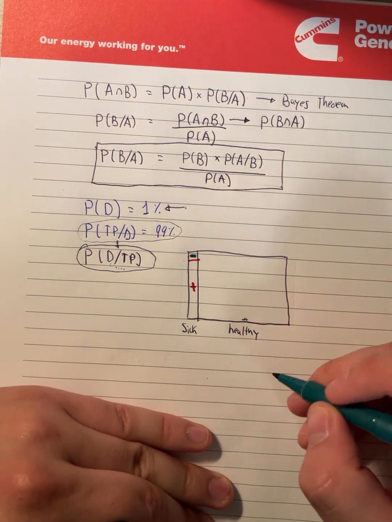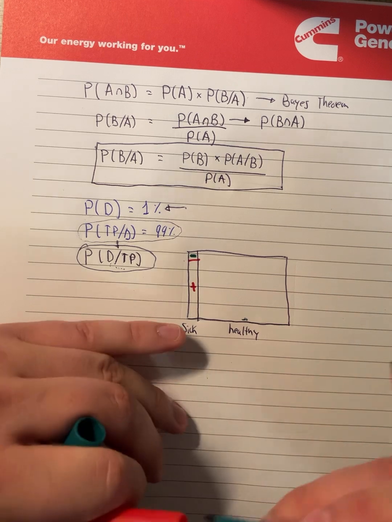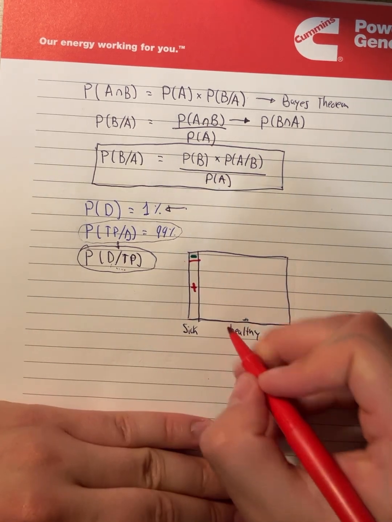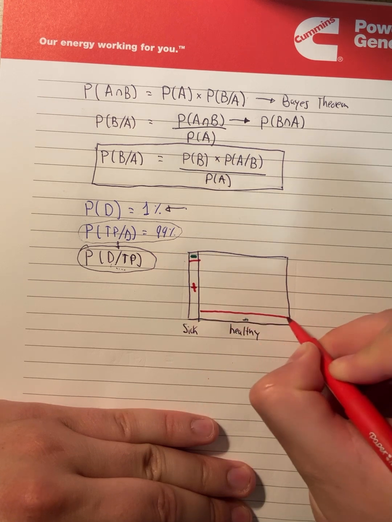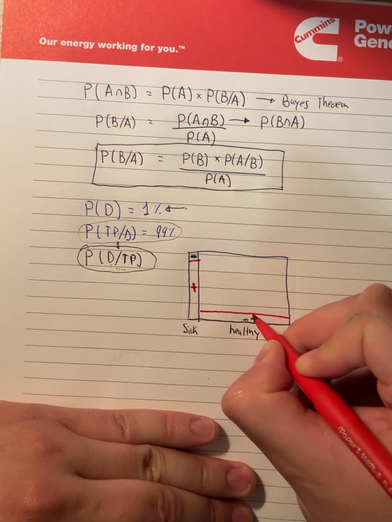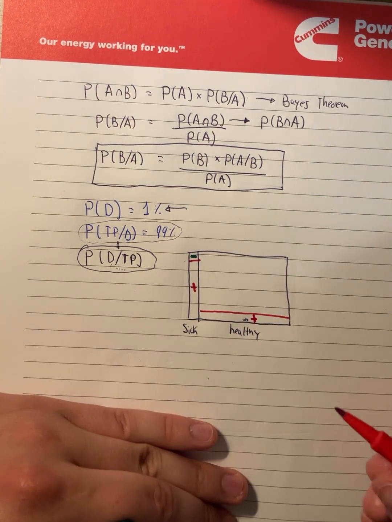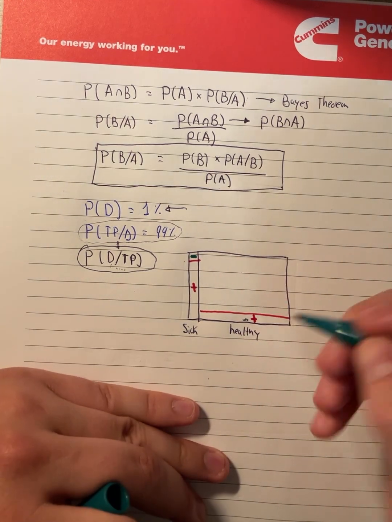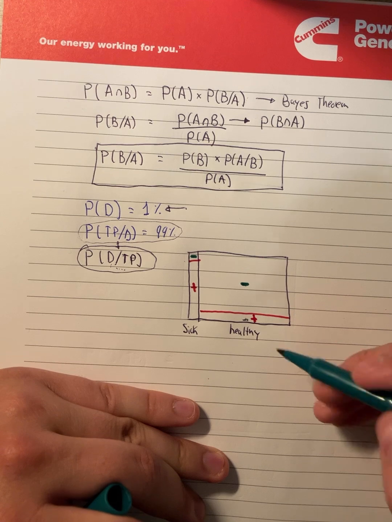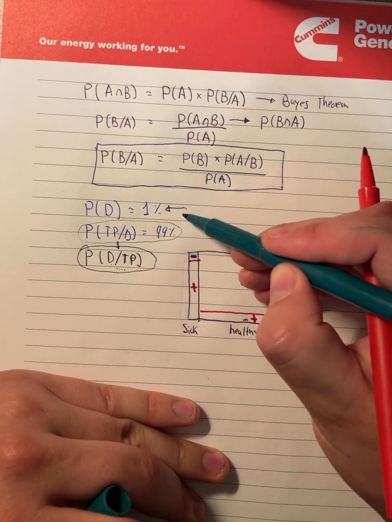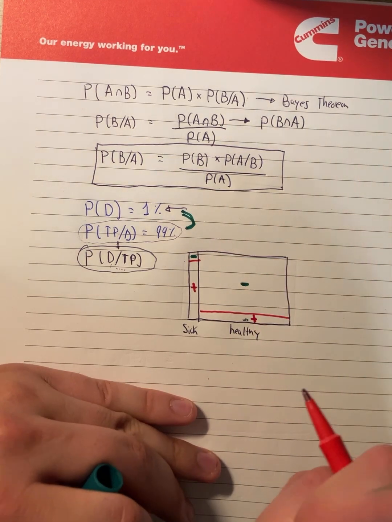And same with the people that are healthy, right? You're going to have a positive test only 1% of the time, which is a false positive, and you're going to test negative 99% of the time because you're healthy. This is what this information is telling us.